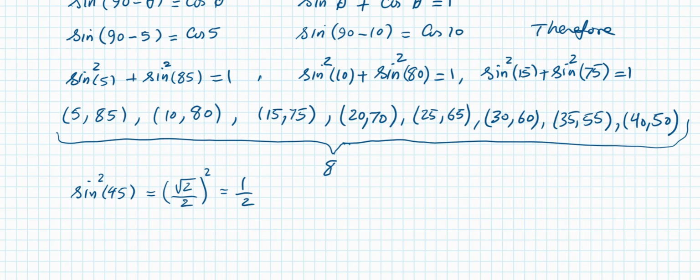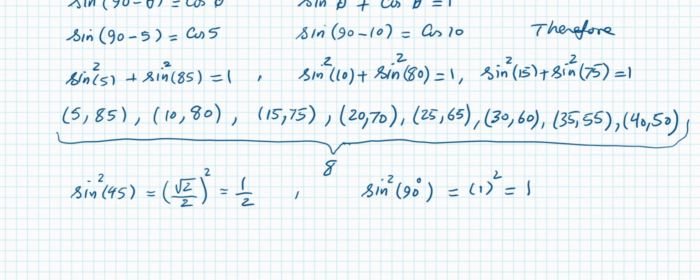The term that is right in the middle. And the next term is the last term, sine square of 90 degree, which is 1.